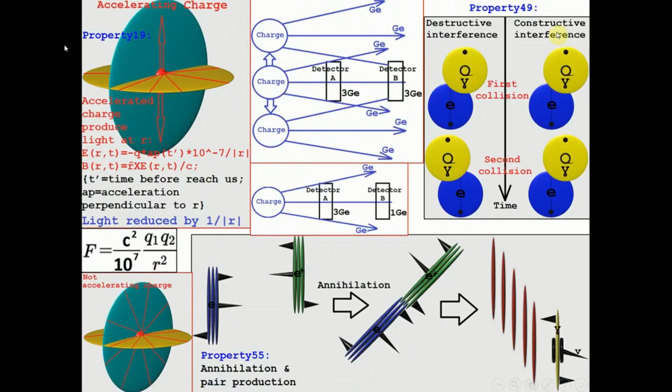When a charge is stationary, in other words, when it's not moving, the electric field will be reduced by r squared, because the electric field particles will be spread in the horizontal plane and also in the vertical plane. But when a charge is accelerated along the vertical plane, the electric field that it produces, which is light, will be reduced only by 1 over r and not 1 over r squared, because the particles will be spread only in the horizontal plane.